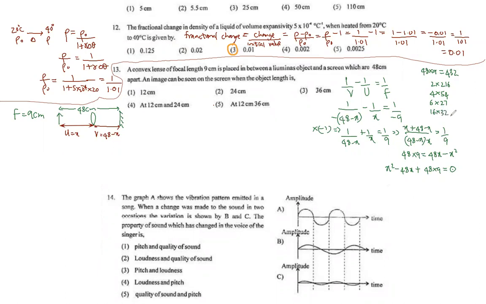Is it possible? Check, will you? 16 into 30 is 480, so 16 into 32 is not working. We're not getting that number.